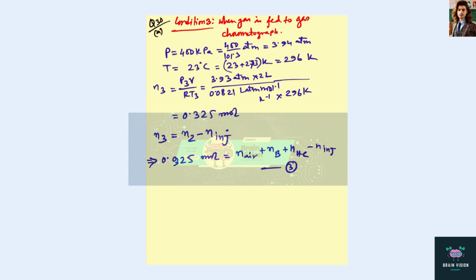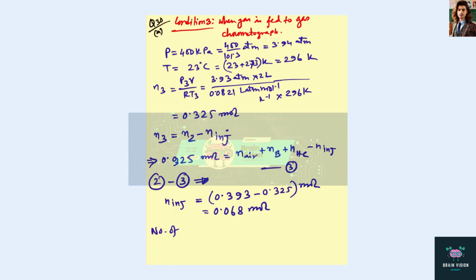Now, if we subtract equation 3 from equation 2, then what we will get is the number of moles of gas injected, which is equal to 0.393 minus 0.325 moles, which is 0.068 mole.